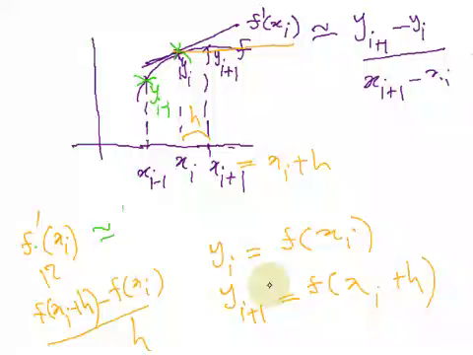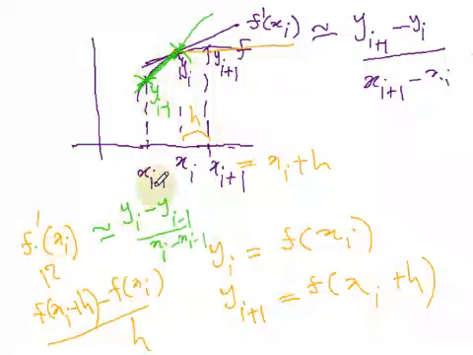The difference between the y coordinates, y sub i minus y sub i minus 1, divided by the difference between the x coordinates, x sub i minus x sub i minus 1. This is another approximation if you join these 2 points using a secant, this line segment.